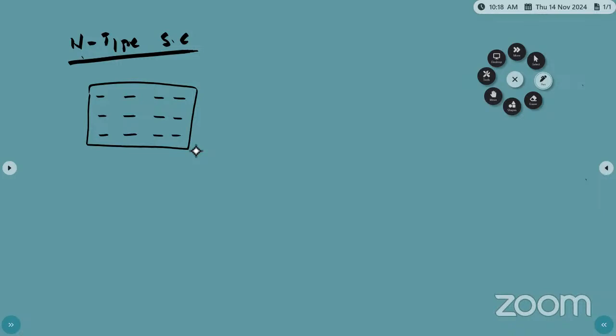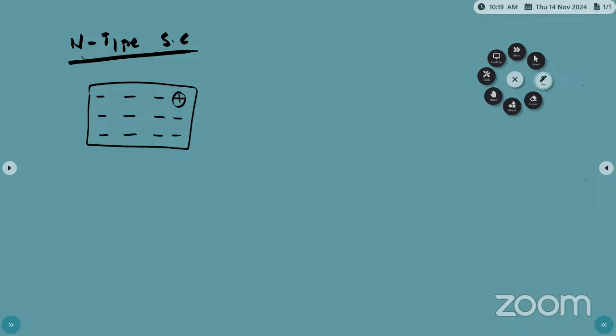Okay. Now the N-type semiconductor. This N-type semiconductor has electrons as its charge carriers. If you apply a power supply to this, the charge carriers are electrons. After donating one electron, it forms an ion. That ion is called a positive ion. That is the donor ion.